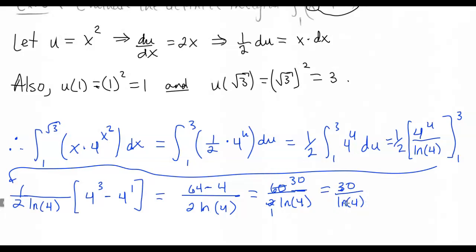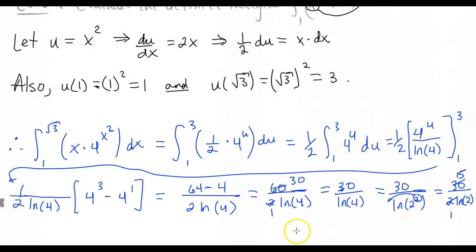And if we wanted to simplify some more, we know that 4 can be written as 2 squared. And that will allow me to take this 2 and pull it out. So it'll be 30 divided by 2 times natural log of 2. And then that 30 and the 2 here will just end up being 15.